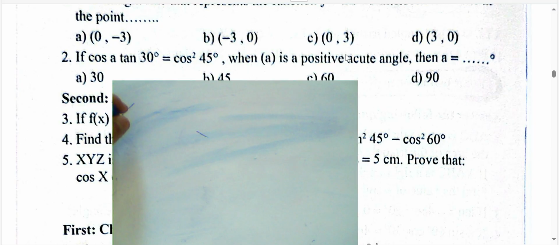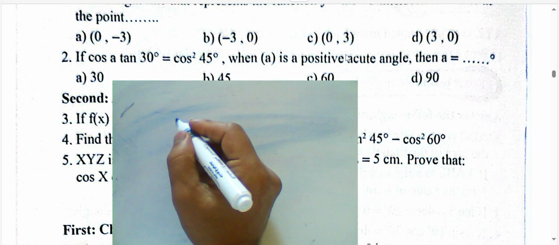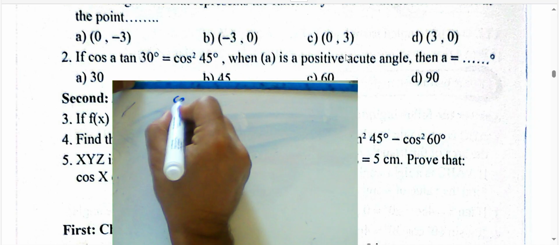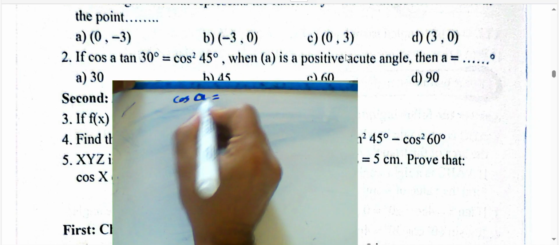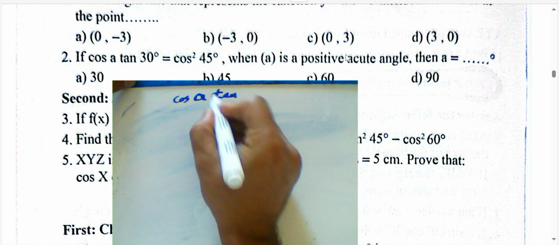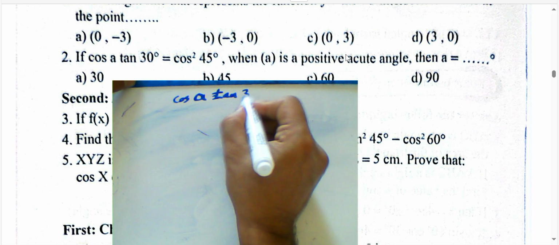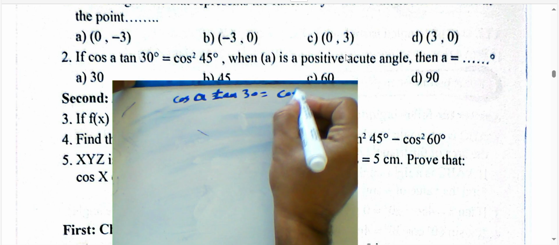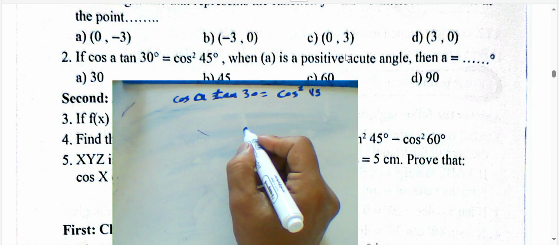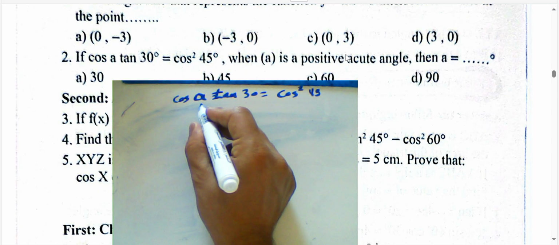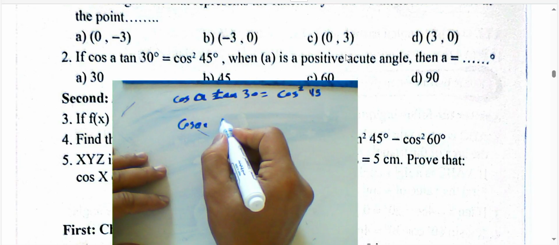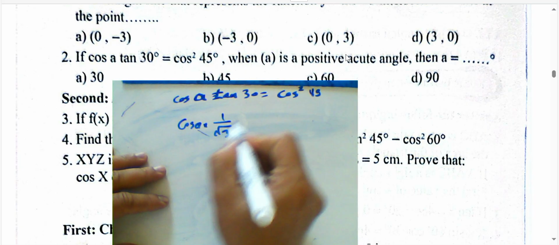Next question, if cosine A product by tan theta, this angle 30, equal cosine 45 all power 2. You want to find the angle A. First, we can write cosine A product by tan 30 equal 1 over root 3.